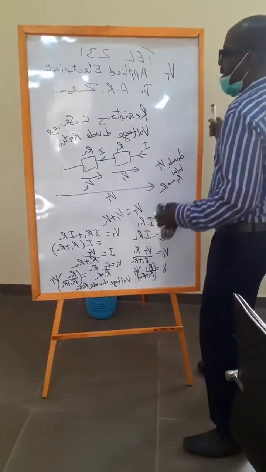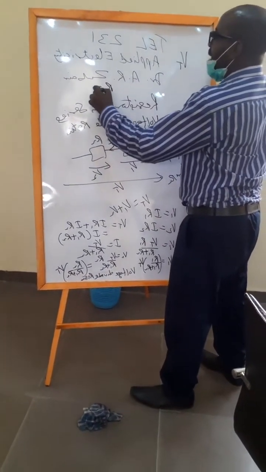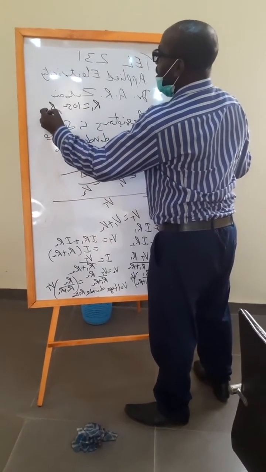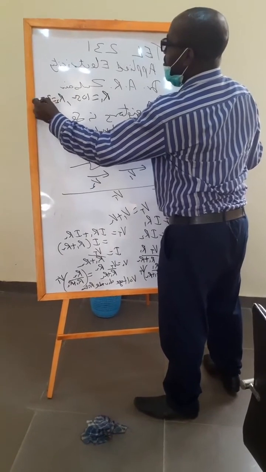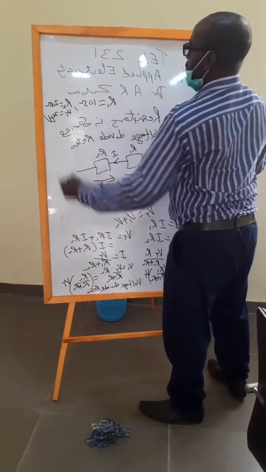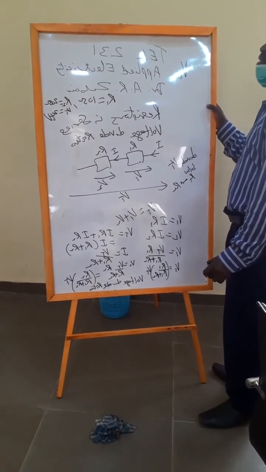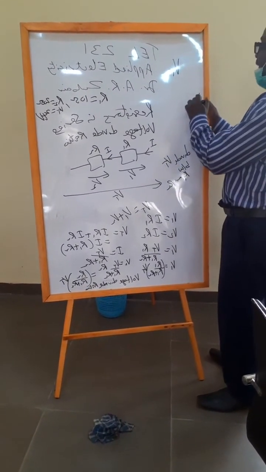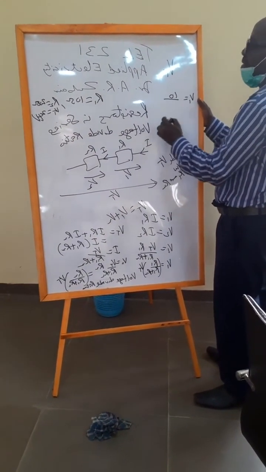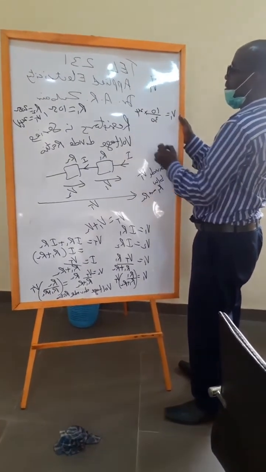In class, somebody will ask me, okay, let's give an example. Suppose R1 is 10 ohm, R2 is 20 ohm. Total voltage that we want to divide is 24 volts. You can give me what's going to be the portion for V1. You can say that V1 is going to be equal to the resistance of R1 over the total resistance, which is 30, multiplied by the voltage I want to divide.